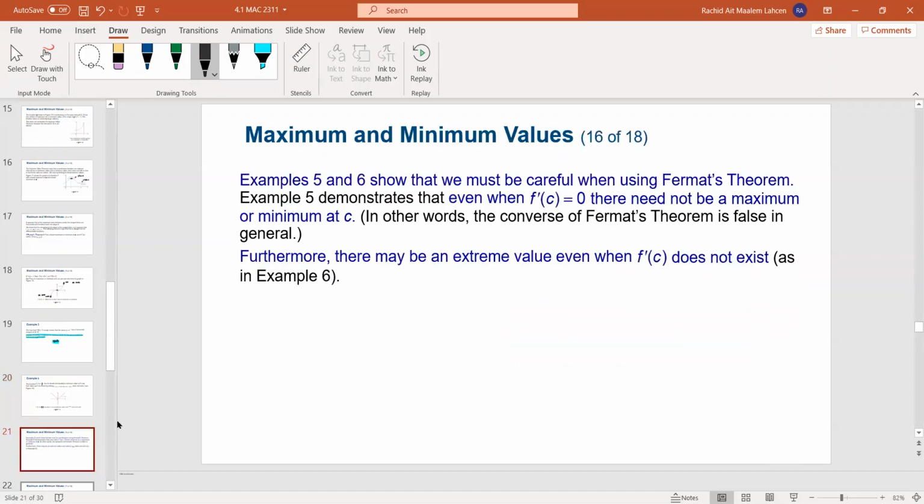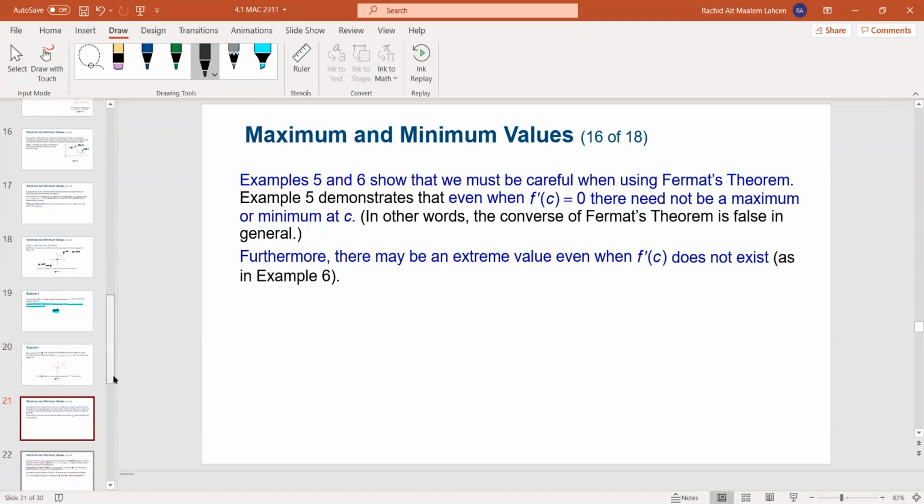So what's going on? Examples 5 and 6 show that we must be careful when using Fermat's theorem. Example 5 demonstrates that even if f prime of c equals 0, there need not be a maximum or a minimum at c. For example 6, there may be an extreme value even if f prime of c does not exist.